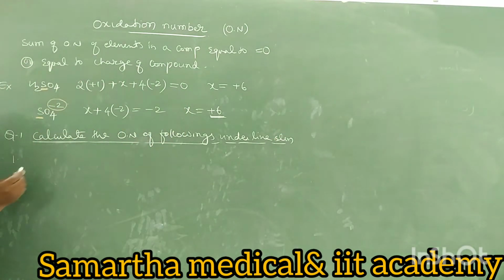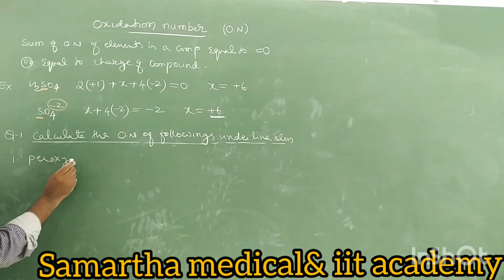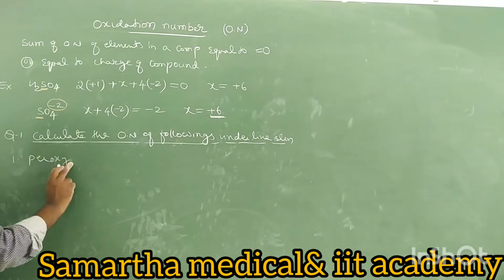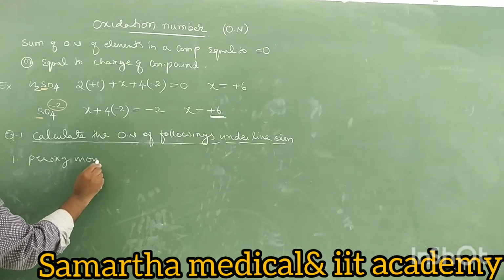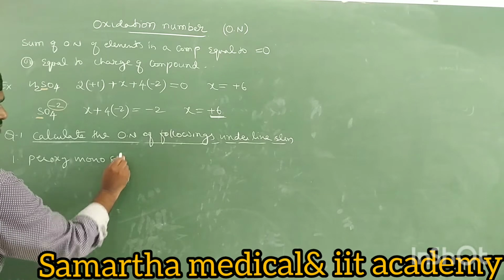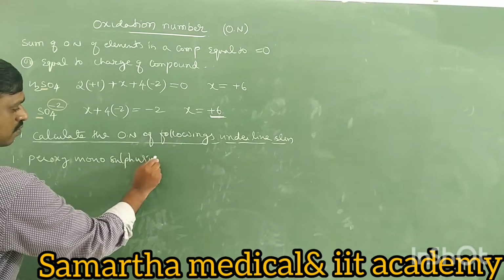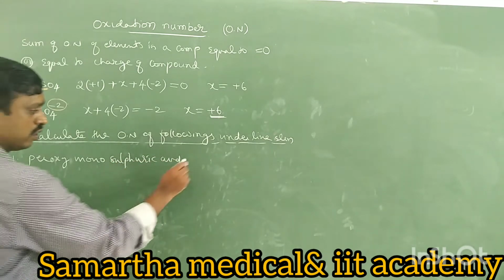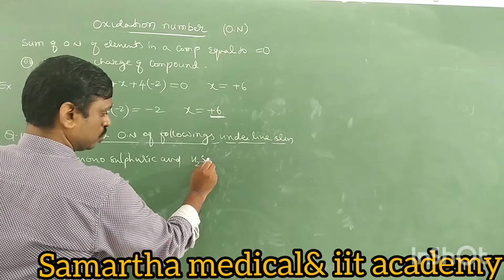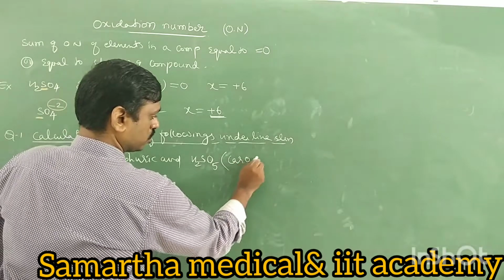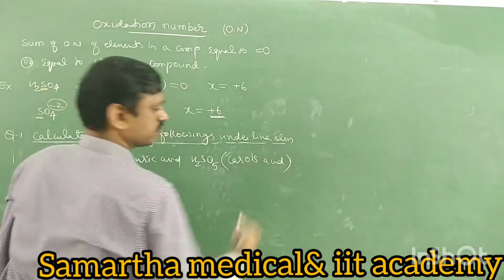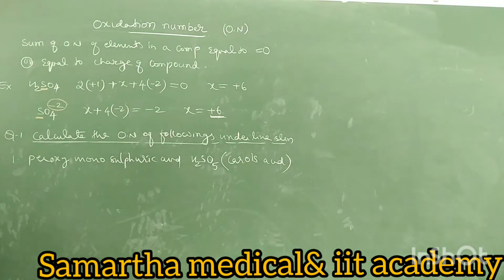1. Peroxy monosulfuric acid, its formula H2SO5. It is also called Caro's acid.